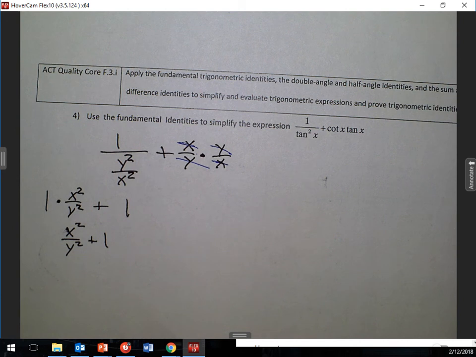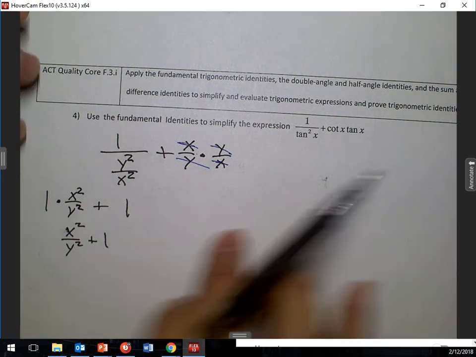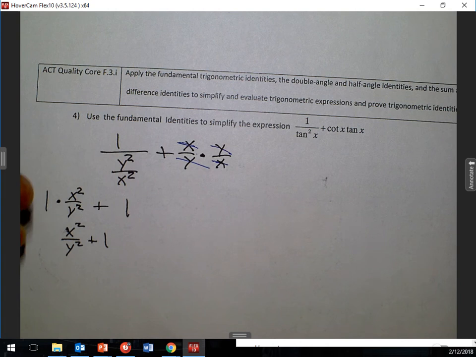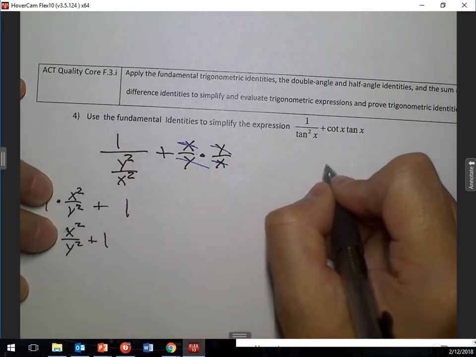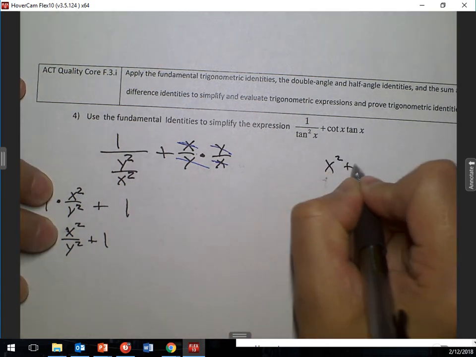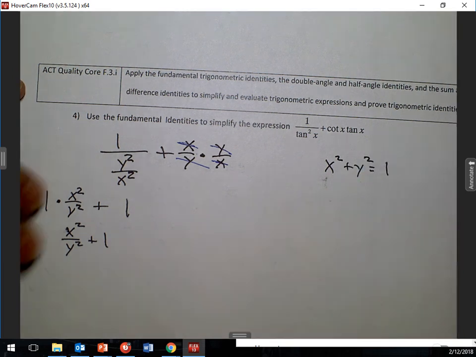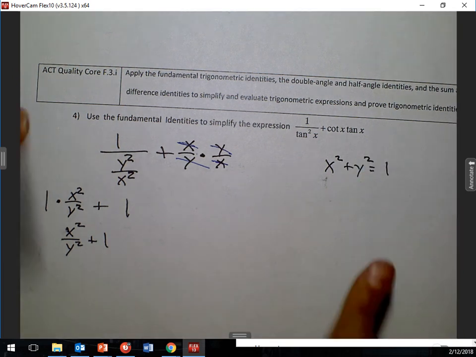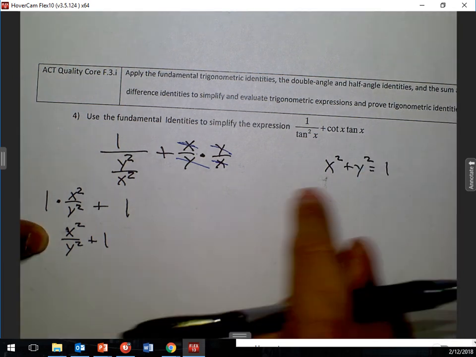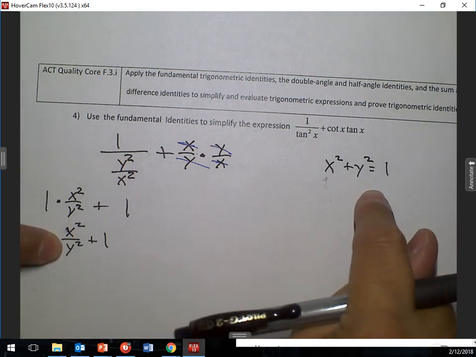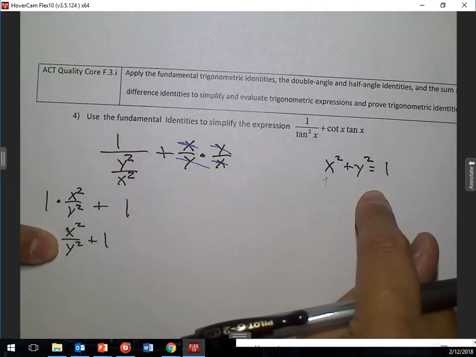Now, if you want the last point off of this, you have to identify what this is. So I'm going to make my identities. I know my identity is x squared plus y squared equals 1, right? Okay, so if I wanted to match this, what would I do to this right here? Divide everything by y squared.